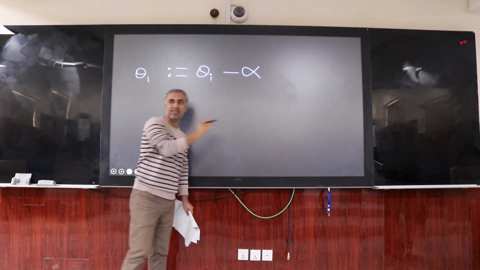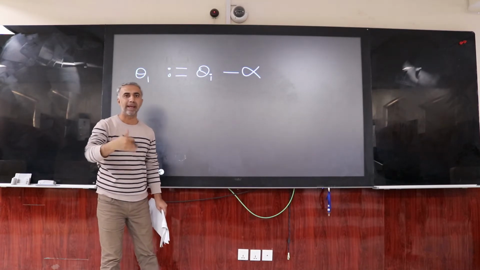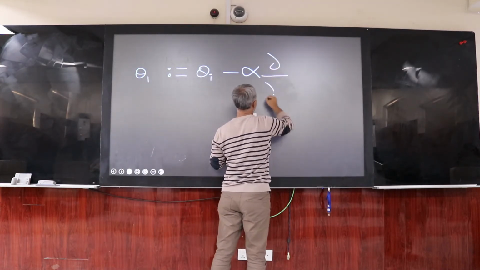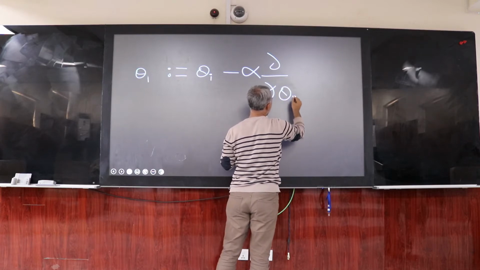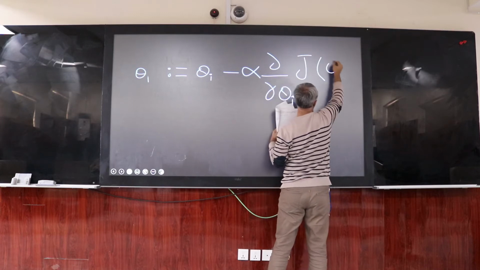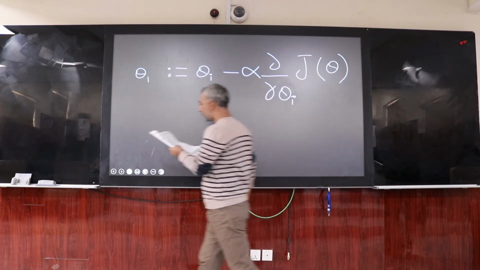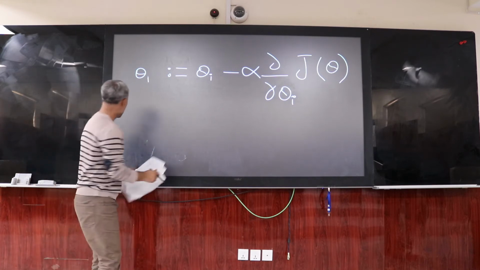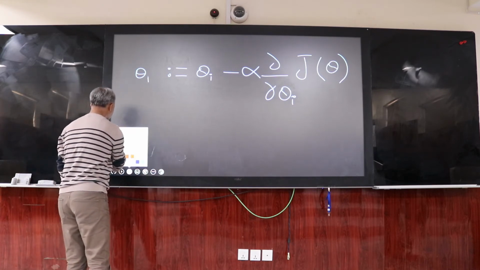The size of this step, and the change here, this is the partial derivative. It is a kind of gradient and it is of the cost function. And in this cost function, I told you we need to minimize this one.